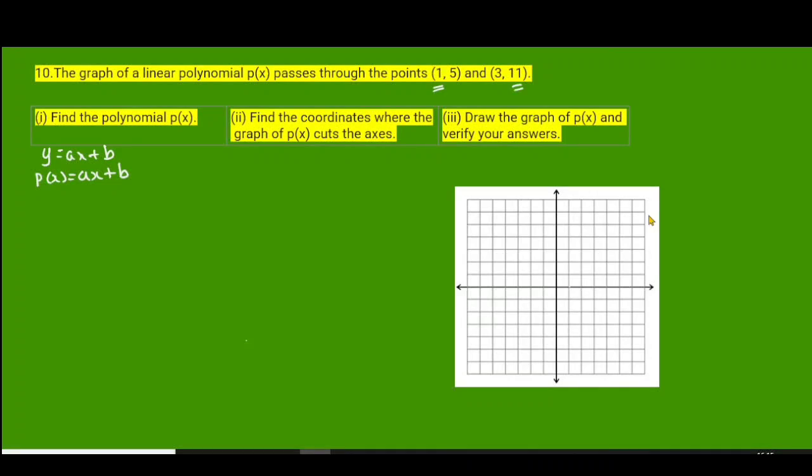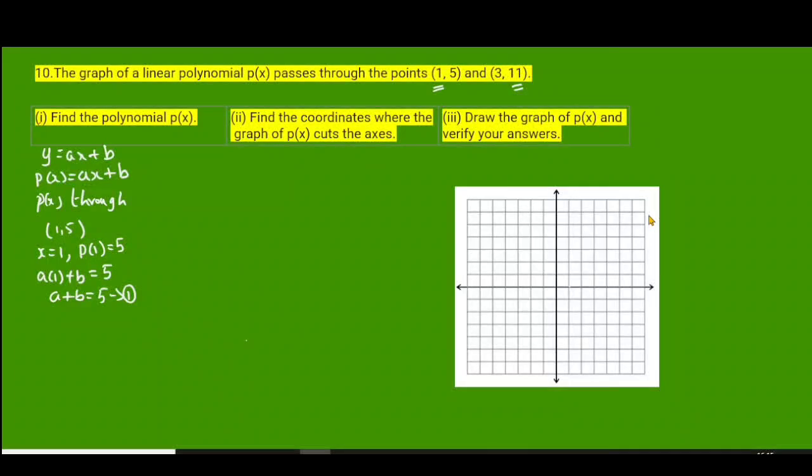Suppose the line P of x passes through (1, 5), which means x is 1 and P of 1, when we replace, we will be getting 5 as the answer. So replace in your given equation a into 1 plus b is equal to 5. So a plus b is equal to 5 is our first equation.